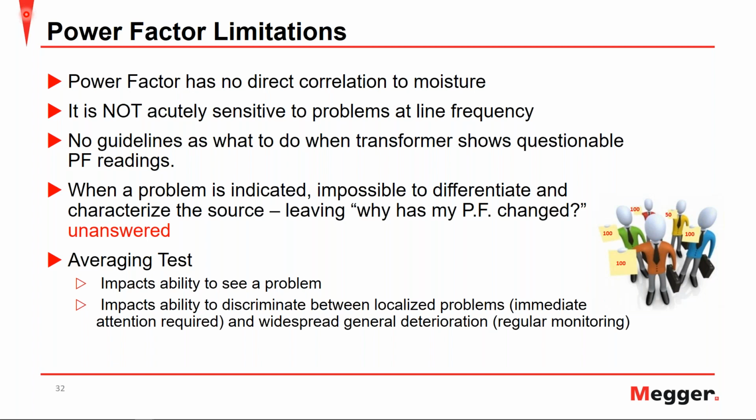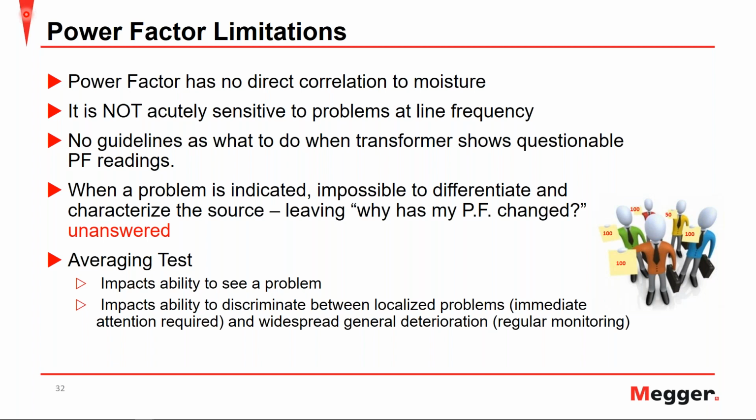So we saw that this IEEE C57.152 standard for nominal and new is 0.5 for transformers of less than 230 kV. So what happens if you get a power factor of 0.5 or maybe even 0.6? Do you get rid of the transformer at that point? There's no real defined next step.